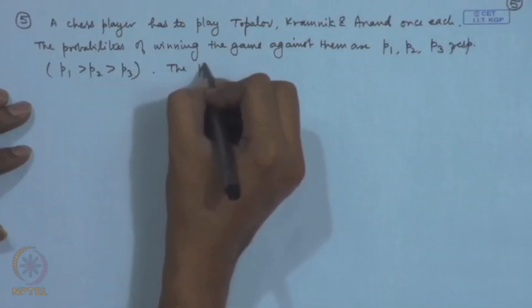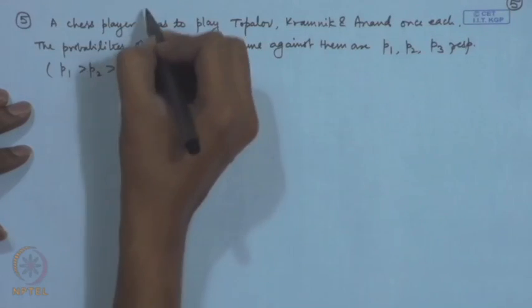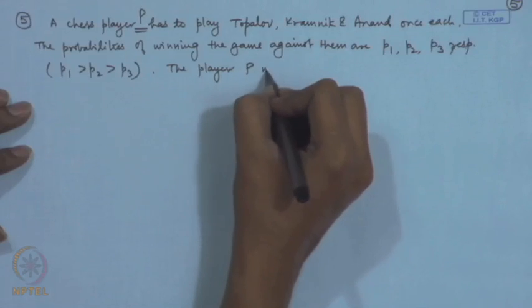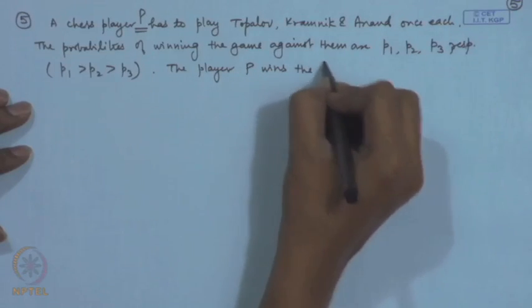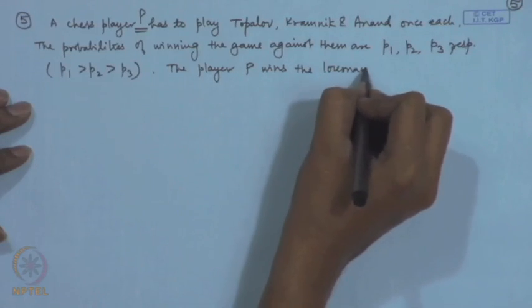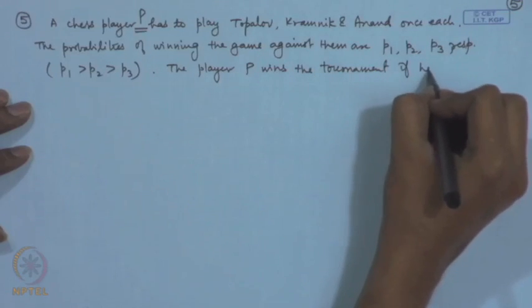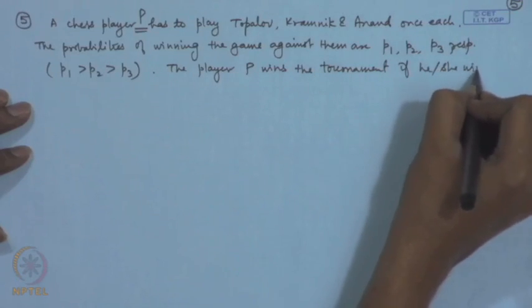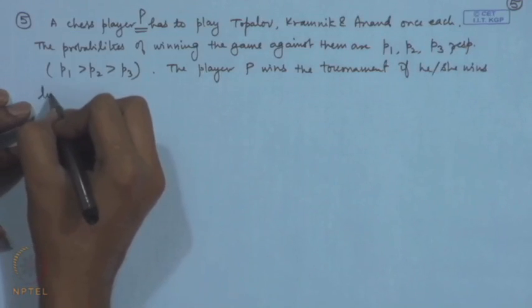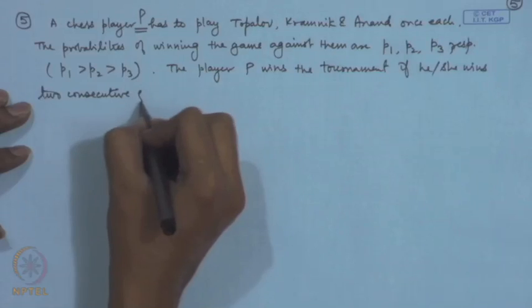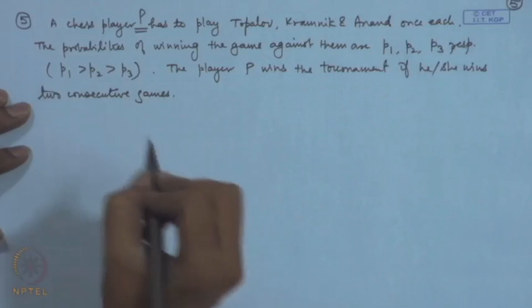The player, let me call it this player P, the player P wins the tournament if he or she wins two consecutive games.